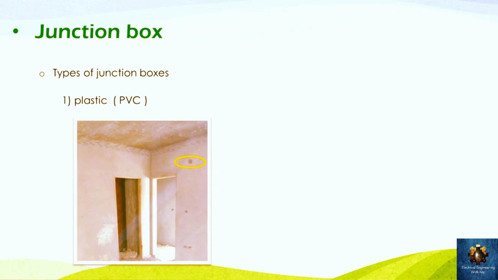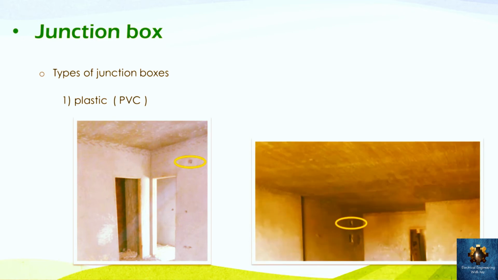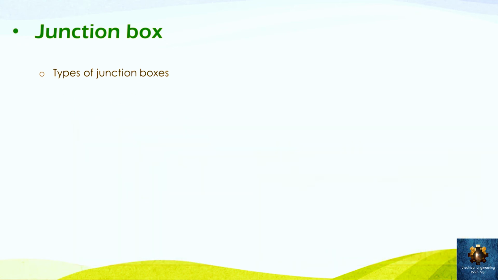You can see it's embedded on the wall, and what appears from it only is just its surface. And this is another shape of the actual junction box after the installation process. So that's for the plastic type junction box. Very good. Now the second type of junction boxes we have is the metal type junction box.